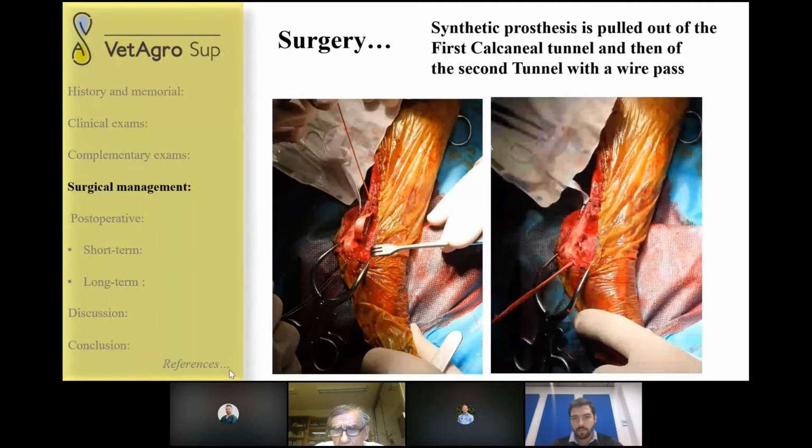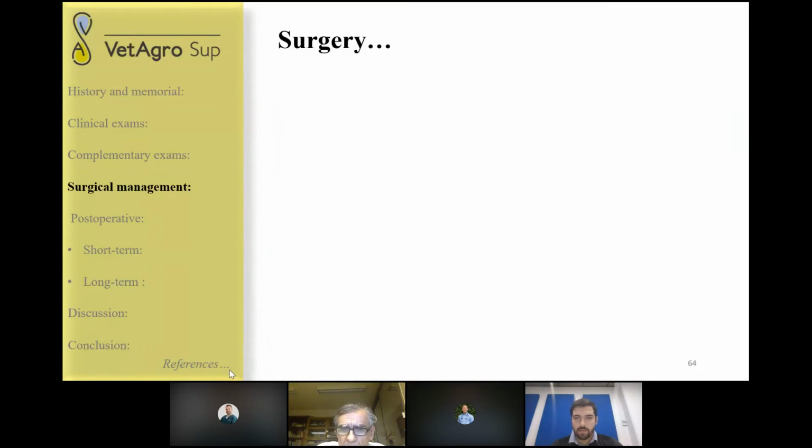So you see the synthetic prosthesis, but we didn't open totally the protection of the prosthesis to decrease contamination. And next slide, please.